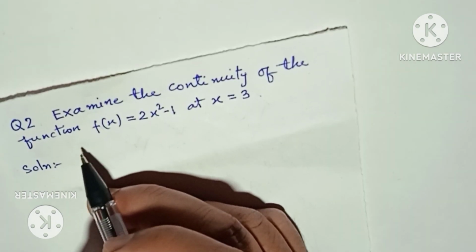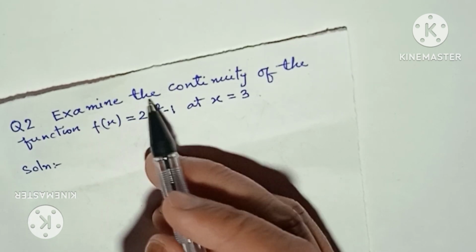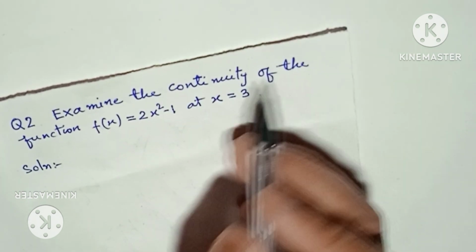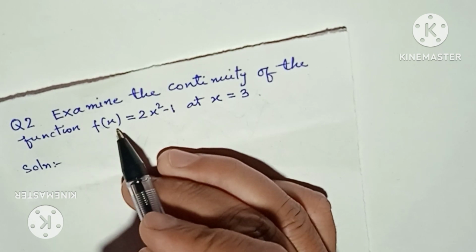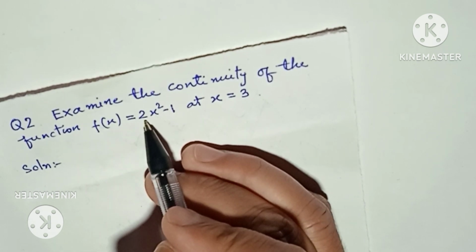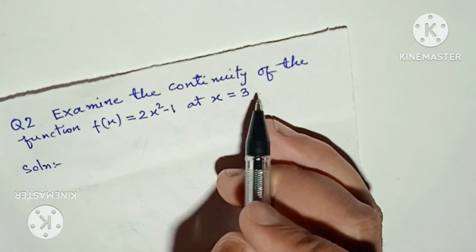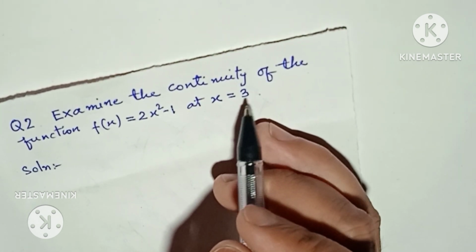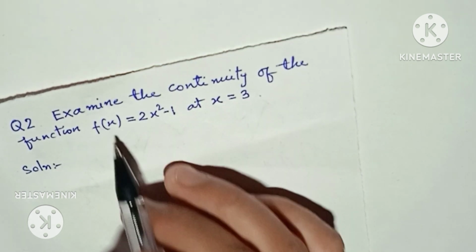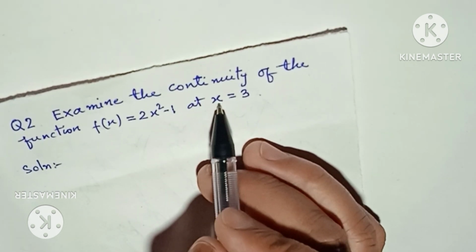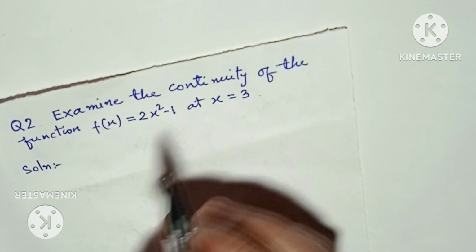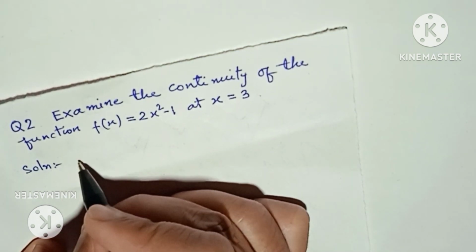Question number 2. Examine the continuity of the function f of x equal to 2x squared minus 1 at x equal to 3. Let's check continuity of this function at x equal to 3. Solution.